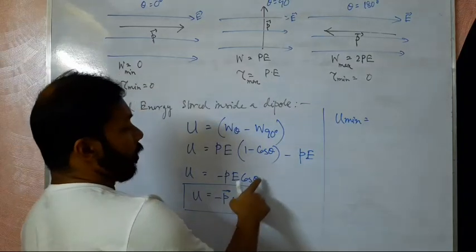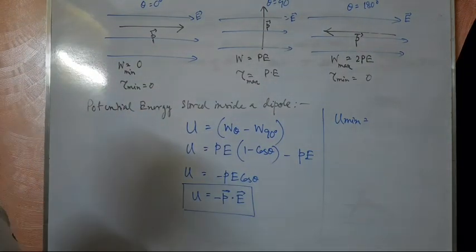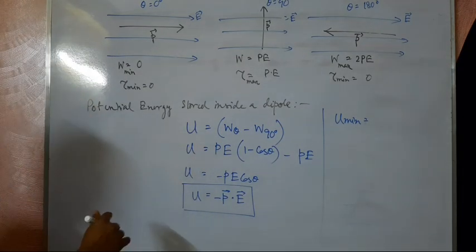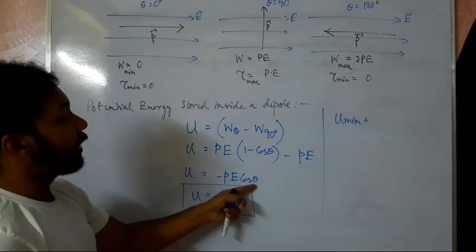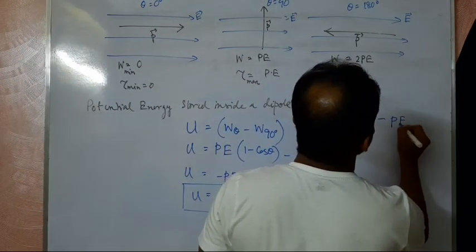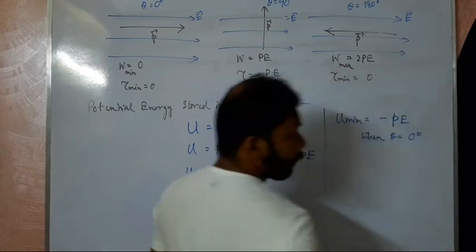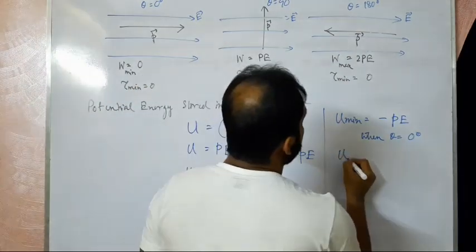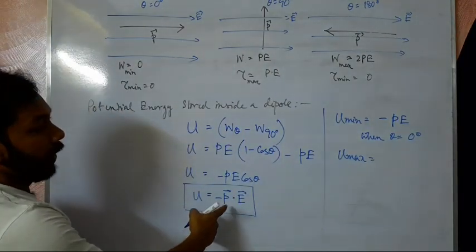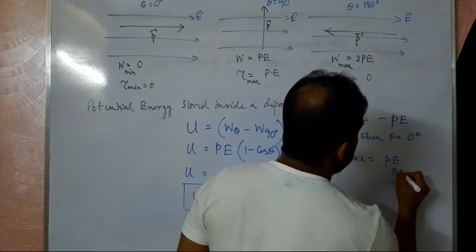Hence we can see the minimum potential energy. U at theta equals 90 degree is 0. Minimum potential energy is minus PE when theta equals 0 degree. Maximum potential energy is plus PE when theta equals 180 degree.